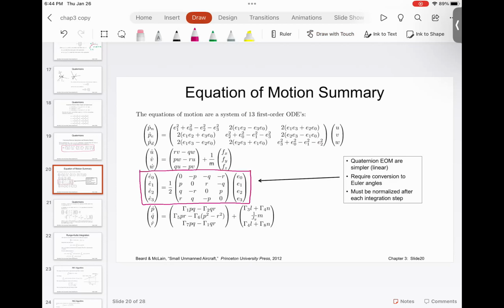Are you with me so far? But when I did that, initially I had just 3 variables, roll dot, pitch dot, yaw dot. Now I have the dots on E0, E1, E2, and E3. So I need to track the derivative of the components of the quaternion.